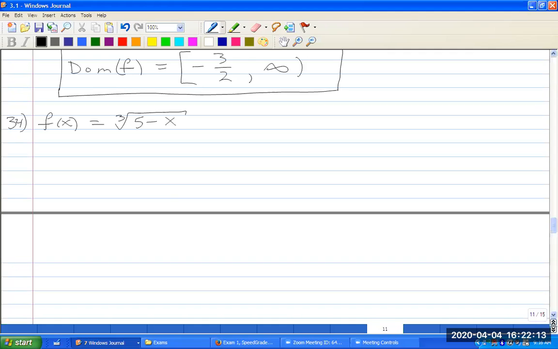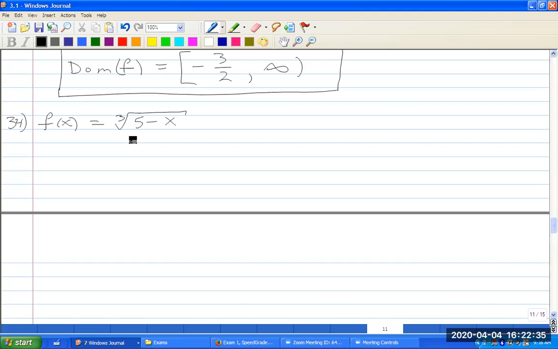So you can take cube roots of negative numbers. Therefore, it's okay to take a cube root of a negative number. And so there's really no restriction on x. You can have any number, and it can be subtracted from 5, and you can take its cube root.